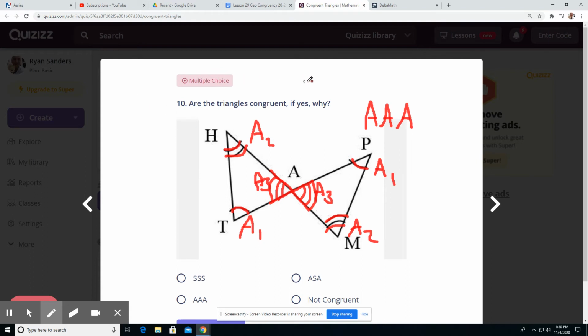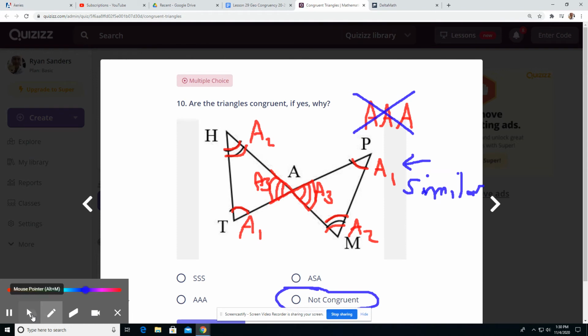Well, go through them. Is AAA one of them? No, it is not. AAA is similar. These are similar triangles, not congruent. So not necessarily congruent. You just can't say that. You can't assume it's congruent.